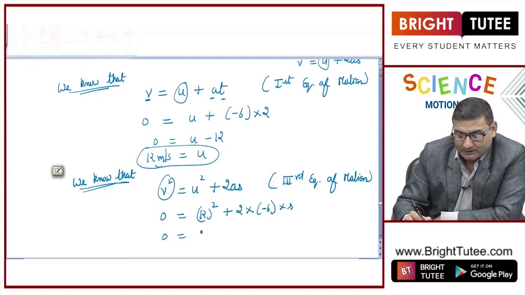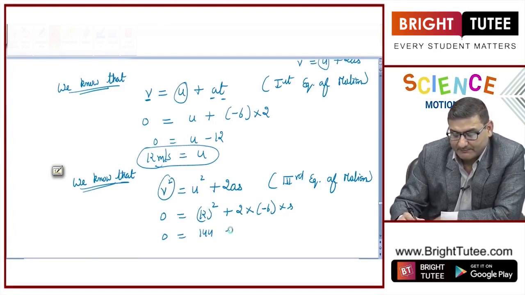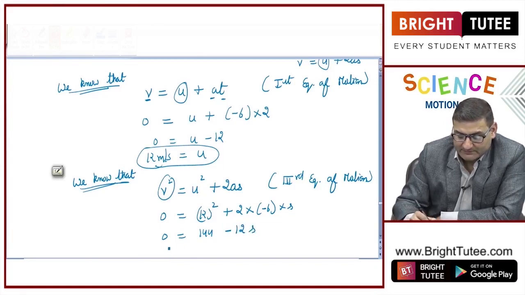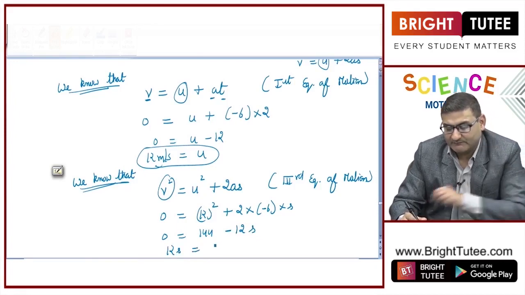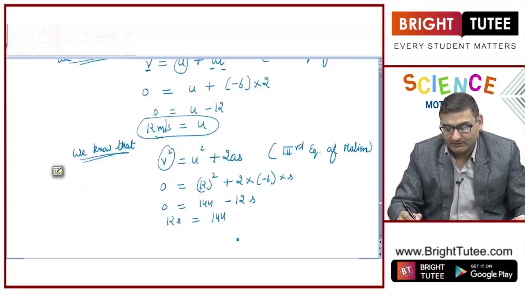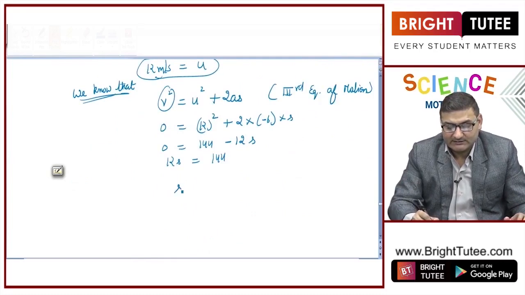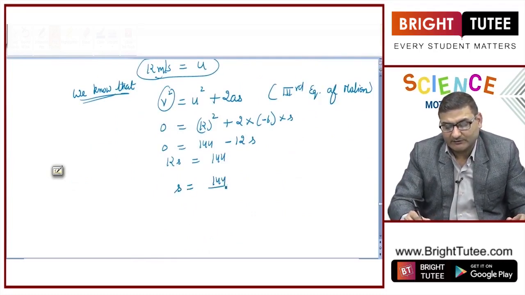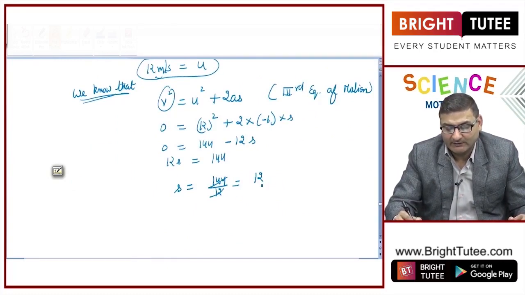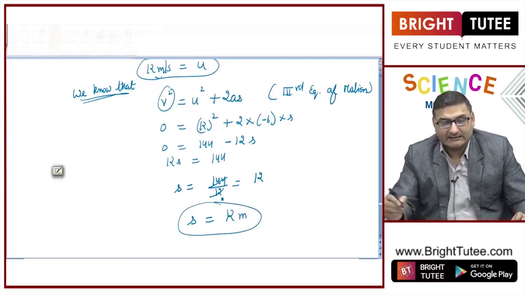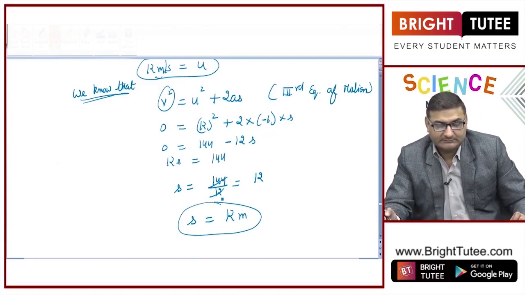This comes out to be 12 square is 144, 2 into minus 6 is minus 12s. I will take 12s to the other side, so 12s is equal to 144. Now, taking 12 to the other side, s is equal to 144 by 12. By cancelling it out, I get the value 12. So, s or the distance is 12, and putting the SI unit meters, I get the answer 12 meters.